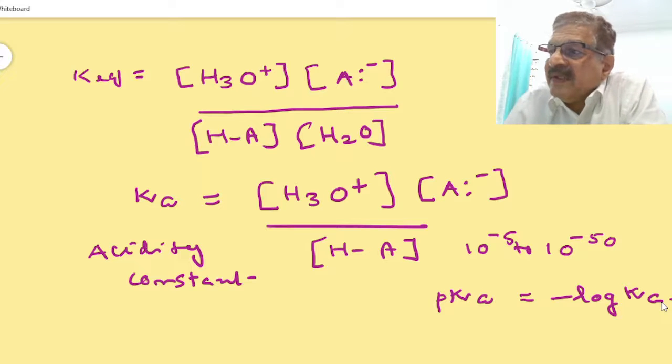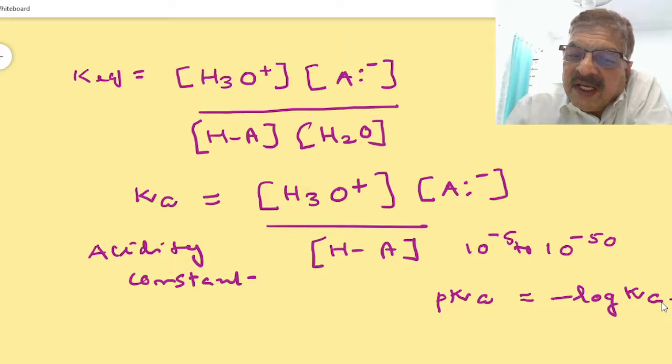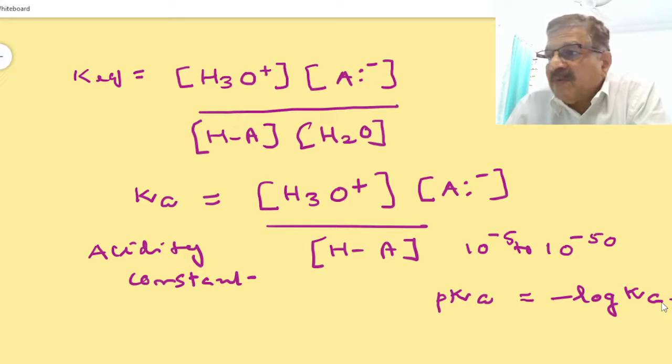Correct? So the larger the value of Ka, the smaller the value of pKa. Therefore, Ka is a measure of acidity. The larger the value of Ka means the stronger the acid. And when you convert into the logarithmic function, the stronger acid becomes the smaller value.